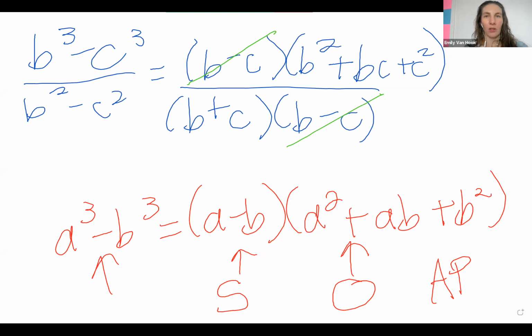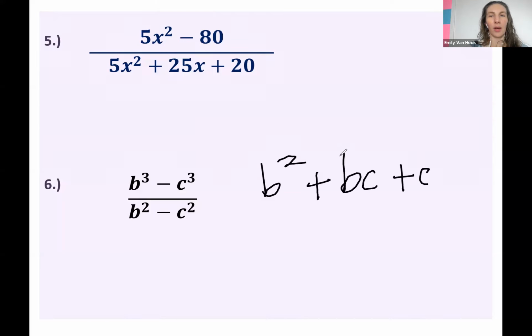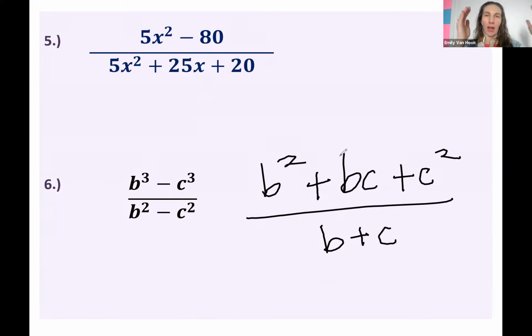All right, so in case you didn't get it, here it is again. Final answer for number 6 after we canceled out common factors was B squared plus BC plus C squared, that whole trinomial over B plus C. Because what we canceled out is the common factor of B minus C in the numerator and the denominator.